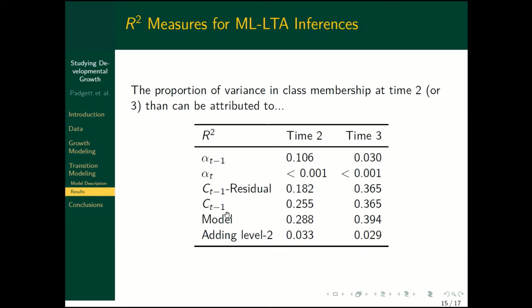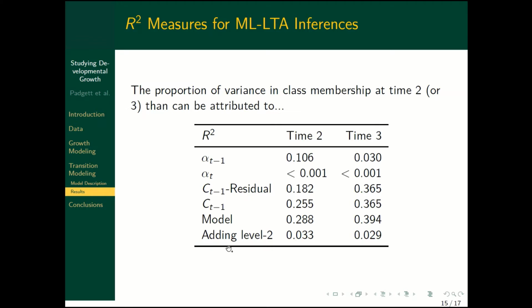The other main takeaways are that this C to T minus 1 row, time 1 to time 2, accounts for about 25% of the variability in class membership at time 2, whereas time 2 membership accounts for almost 36 to 37% of the variability in time 3 class membership.